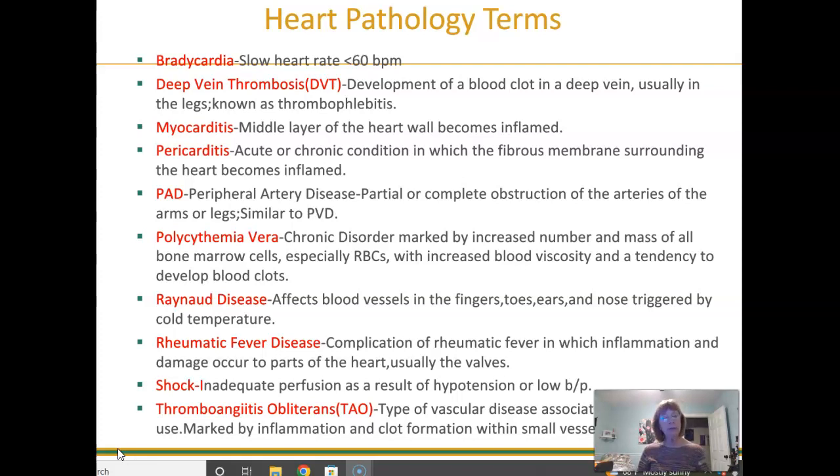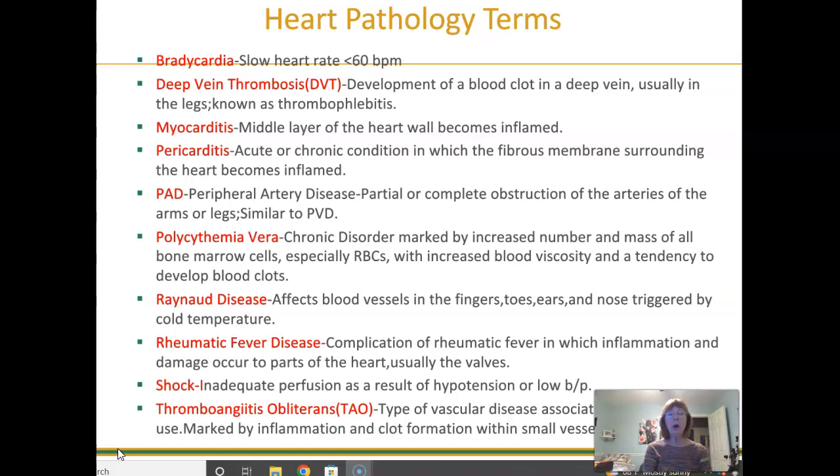And you can say, oh, I know what that is. Myocarditis, middle layer of the heart wall becomes inflamed. Pericarditis, acute or chronic condition in which the fibrous membrane surrounding the heart becomes inflamed. So remember Peri was around. It was around something. So card and itis.